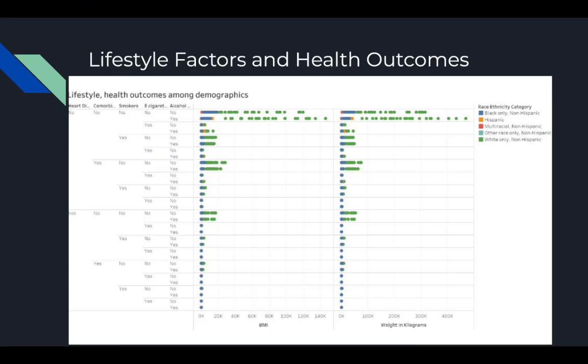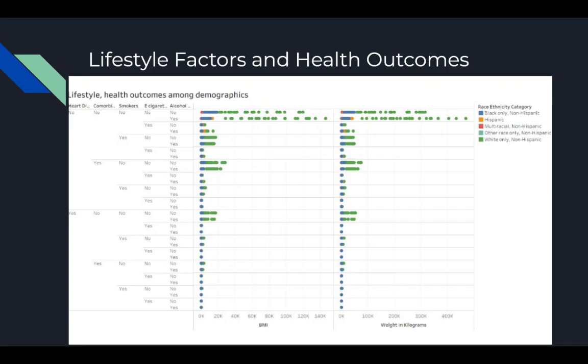I'll be talking about the lifestyle factors and health outcomes scatter plot. This visualization shows patterns and potential correlations between lifestyle factors and health outcomes across different demographics. Such risk factors are yes or no values, such as heart disease incidence, comorbidities, smoker, e-cigarette users, alcohol drinkers, BMI, and weight.